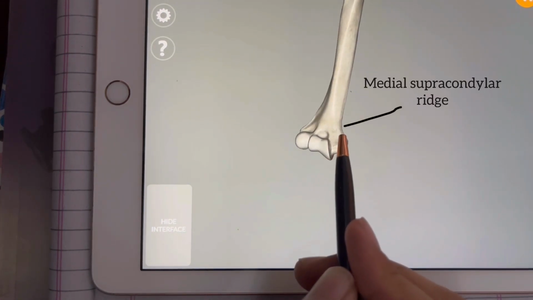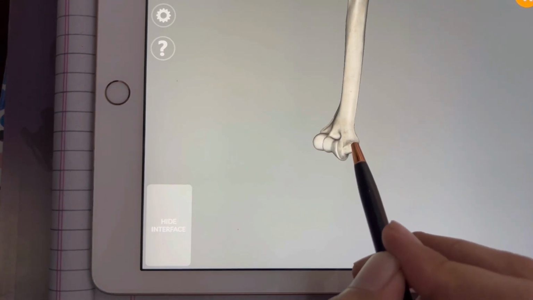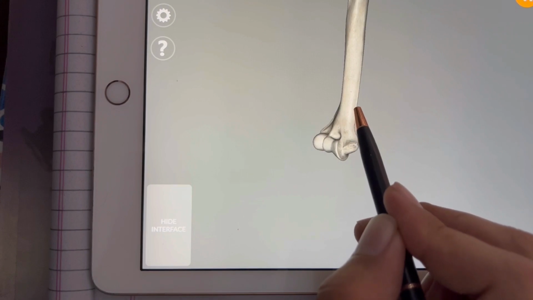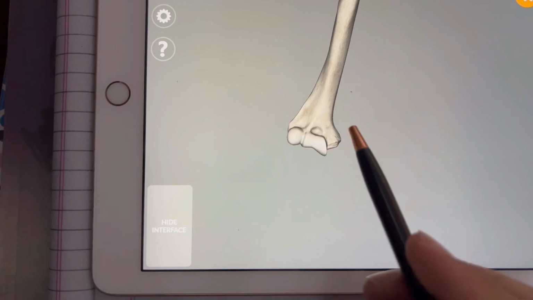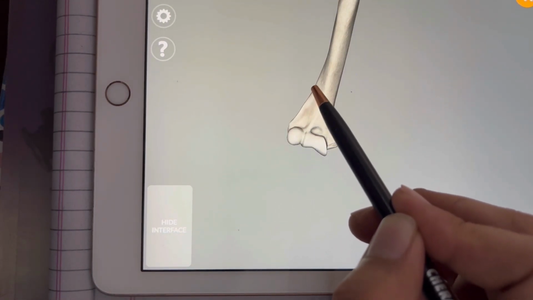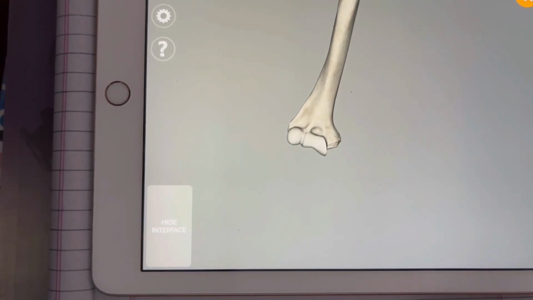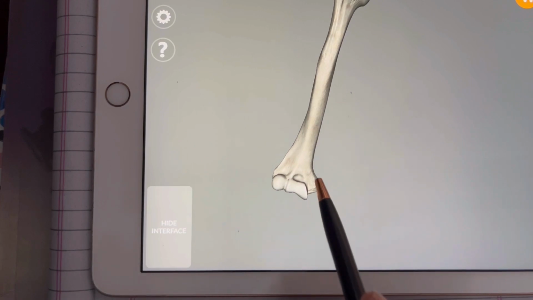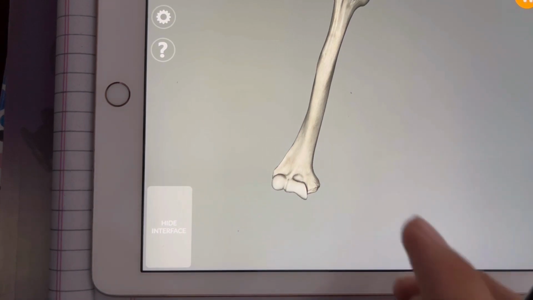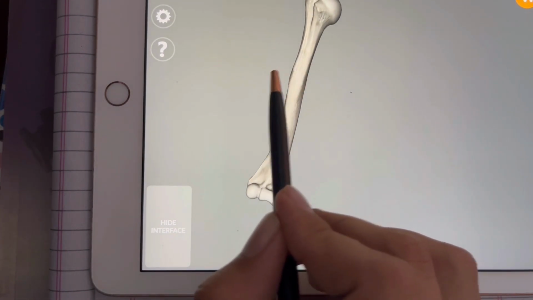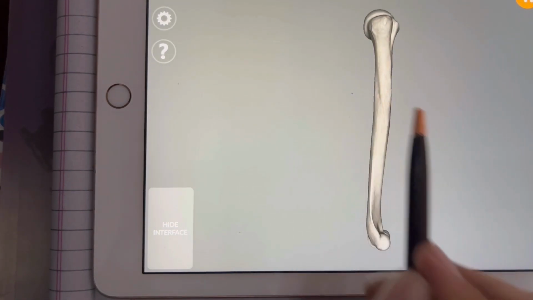This is the medial epicondyle, and the ridge that arises from this is called the medial supracondylar ridge, and the same way, this is the lateral epicondyle, while the ridge that arises proximally from this region is called the lateral supracondylar ridge. So the shaft has the medial supracondylar ridge, lateral supracondylar ridge, laterally the deltoid tuberosity, and posteriorly the spiral groove where the radial nerve passes.